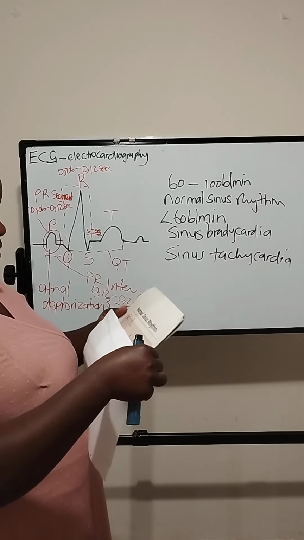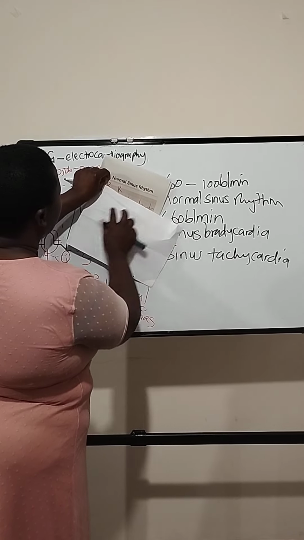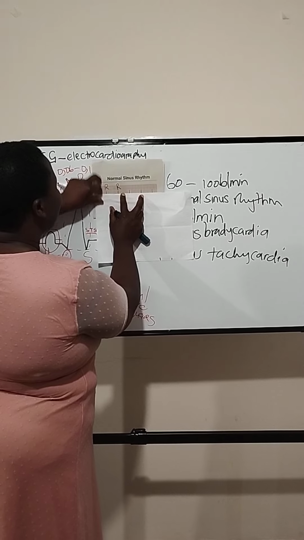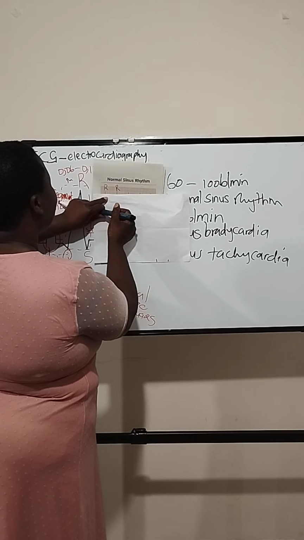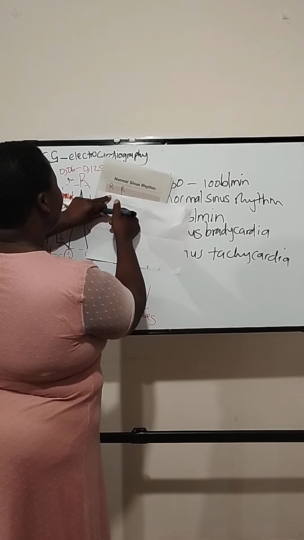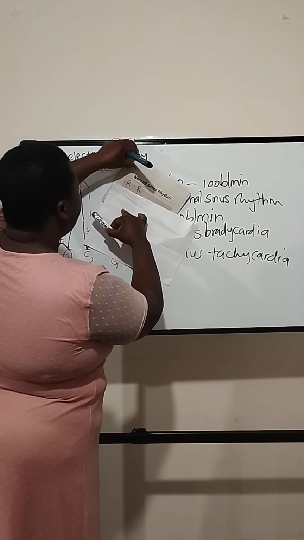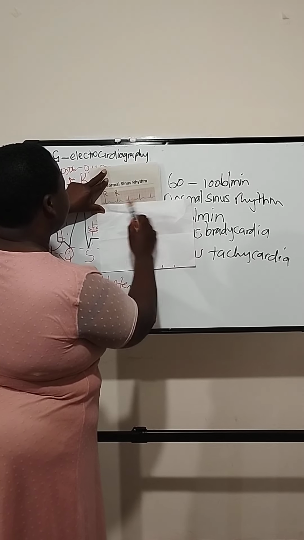and let's say this is the paper. You measure the distance from one R to the next R, and you put a sign to show where one R begins and where the next R begins. For example, like this one, we can see these R's.